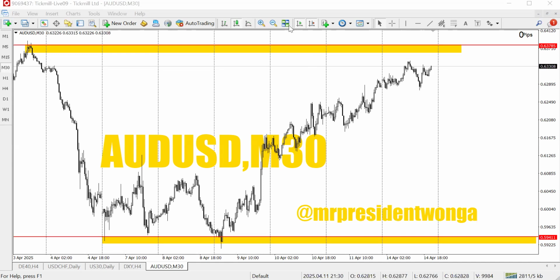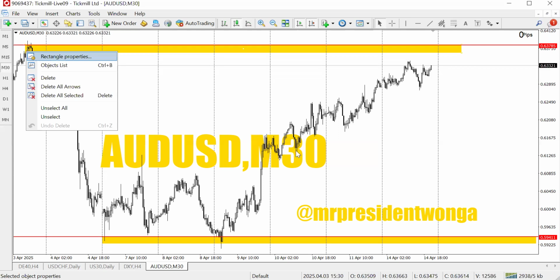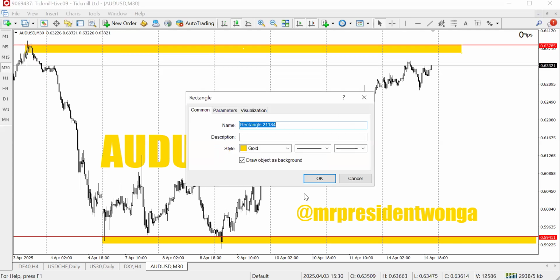So basically, I use this. You go to insert. You can make this rectangle any color that you want. You can just click on it, double click, rectangle properties. You can pick any color that you want. It's just that I prefer gold.